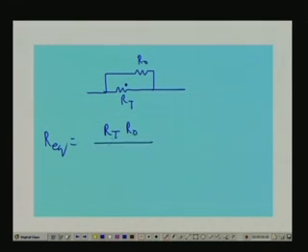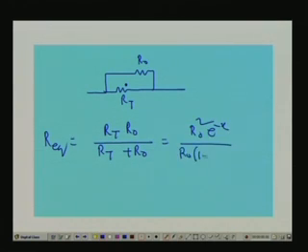R naught upon RT plus R naught, equal to R naught square e to the power minus x upon R naught 1 plus e to the power minus x.